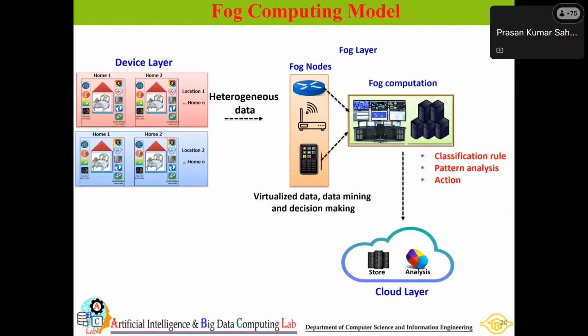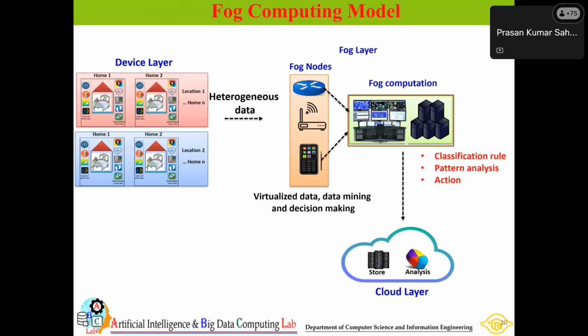We can consider location 1 up to location n, and we can have m devices. In location 1 we may have, suppose, 100 devices, in location 2 maybe 200 devices. Not necessarily the same number of devices; we can have different numbers of devices.